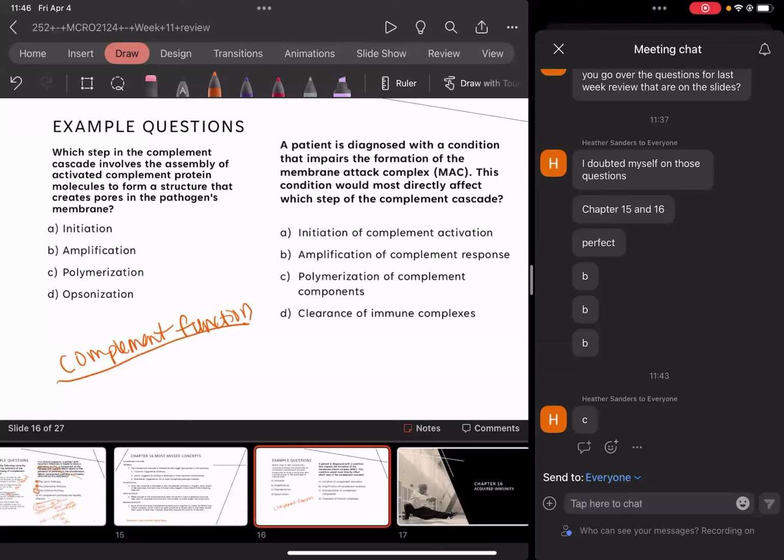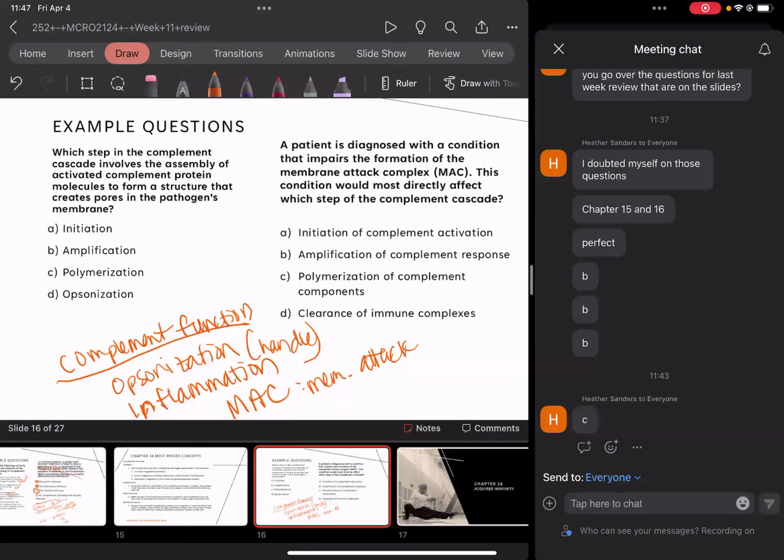our functions of complement can be for opsonization, or providing molecular handles for phagocytosis, or it could be for activating the inflammatory response, or it could be for creating the MAC, which is the membrane attack complex.